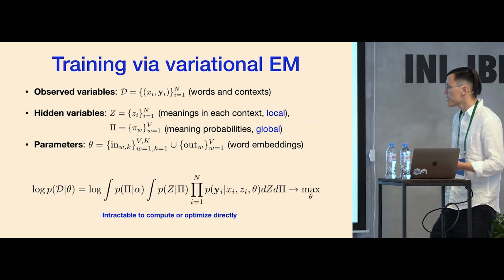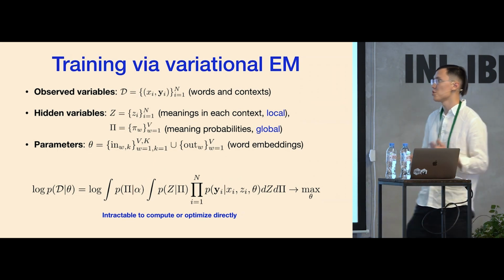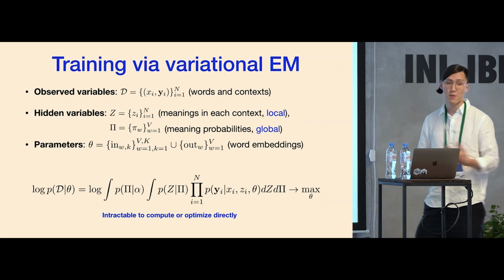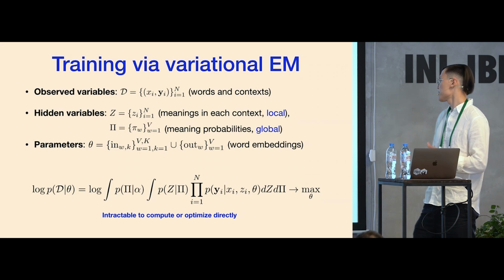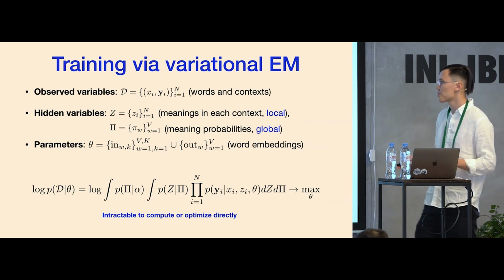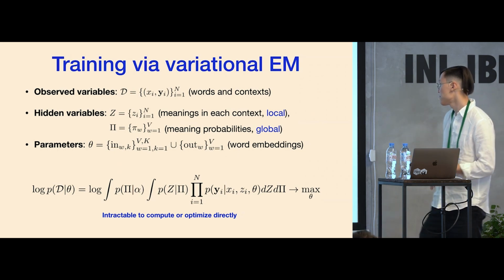Normally, as Bayesians, we would want to optimize directly the marginal likelihood, the likelihood of our data under our parameters with all the hidden variables integrated out. But as always, in all interesting models, and this is no exception, we are not able to compute this integral analytically, nor are we able to optimize it directly.